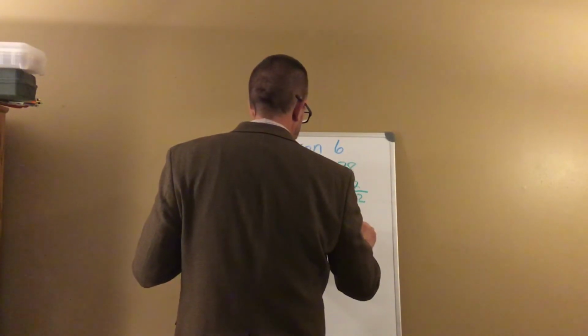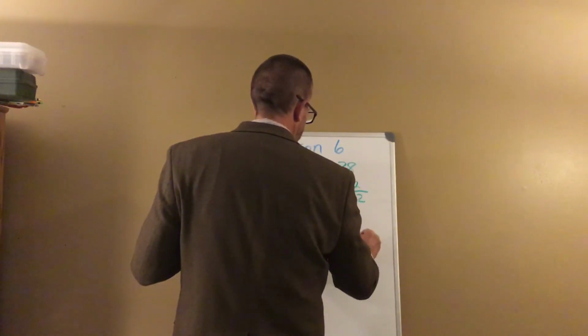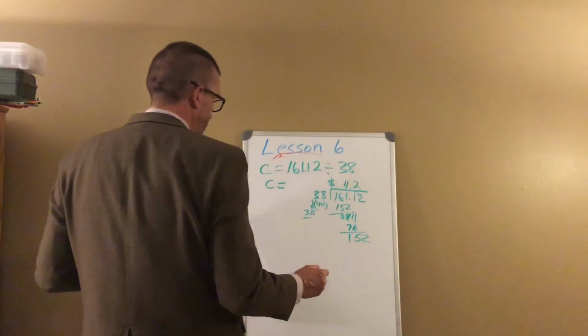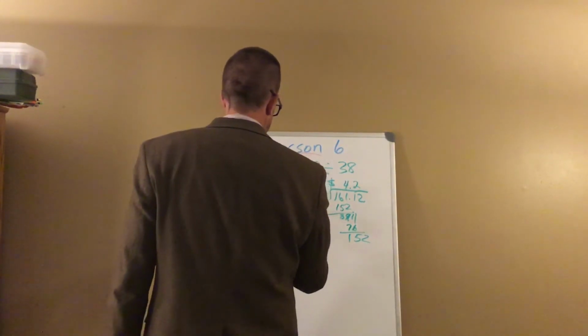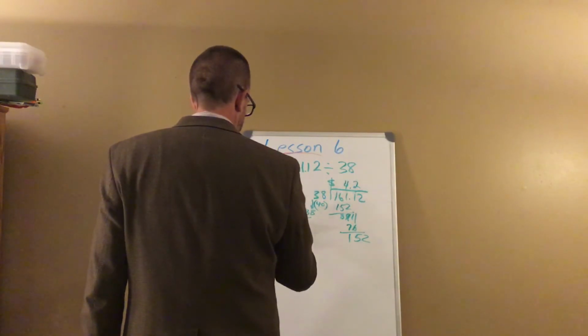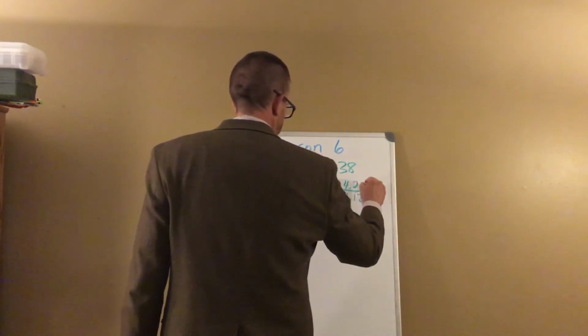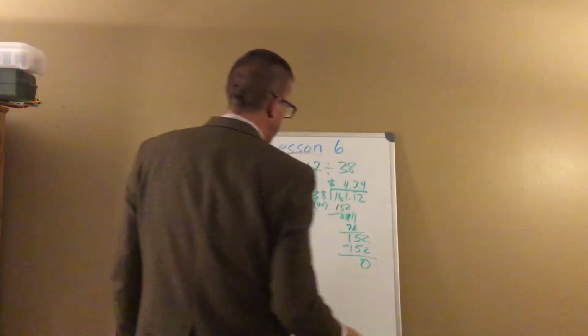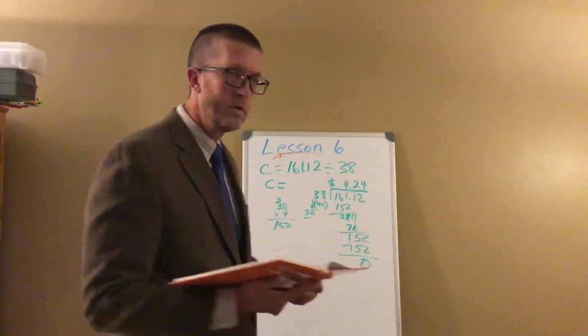That is 76, and then 152, and that goes in there 4 times. I'm just going to check their work, make sure they're doing this correctly. Right on the nut. Shouldn't have doubted them. So each sandwich costs $4.24.